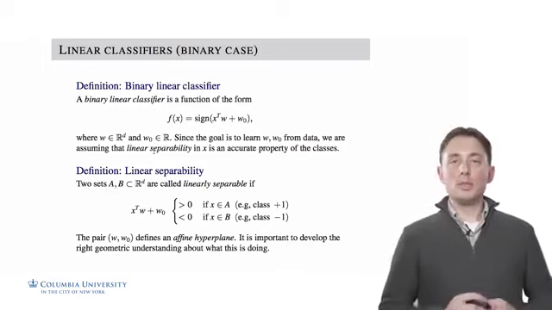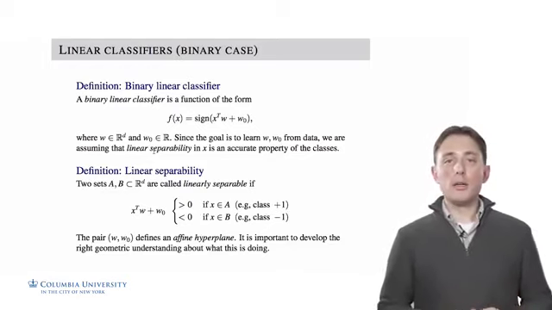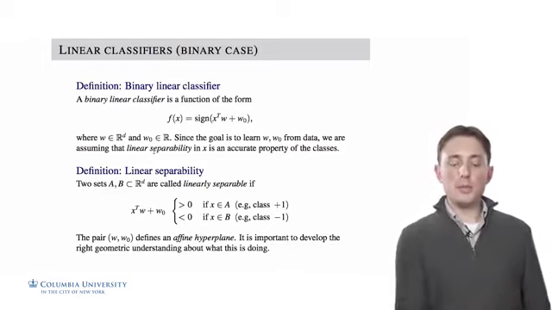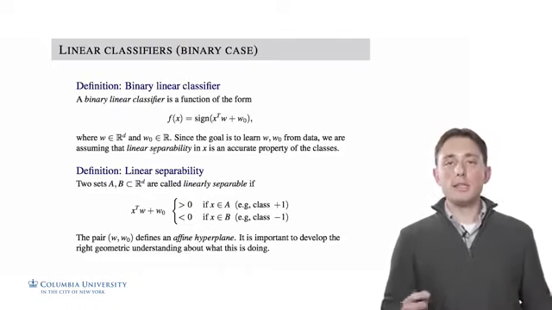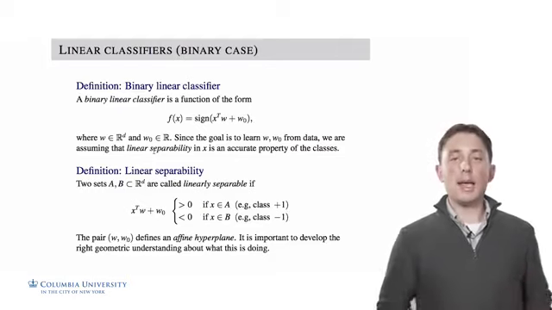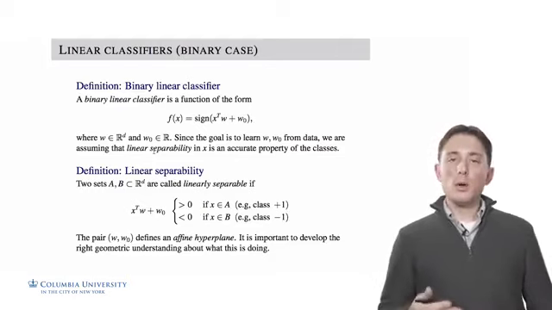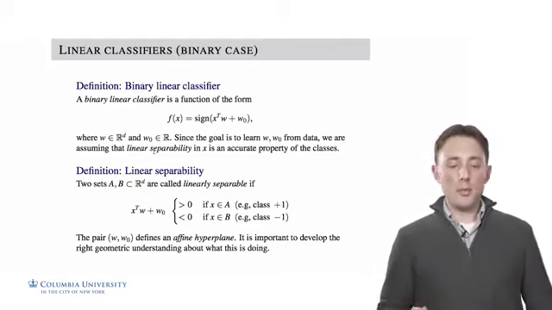So this assumes that there is a property in our data set called linear separability. For this to perform well, our data has to be able to be linearly separable in the space that x lives in. So what does this linear separability mean?